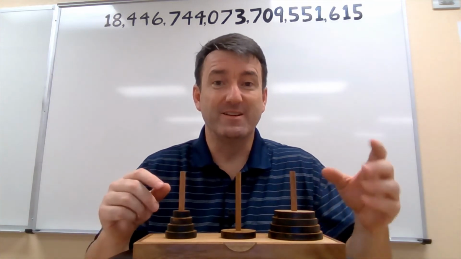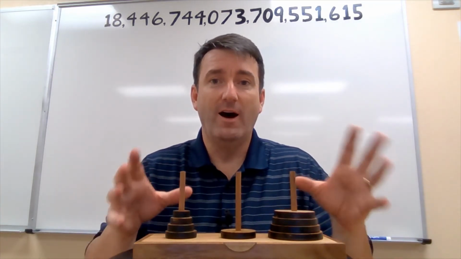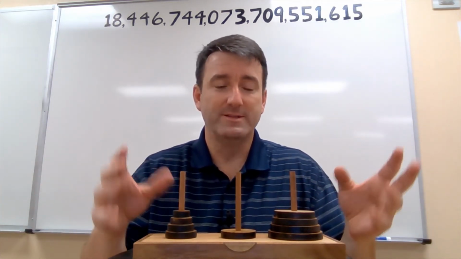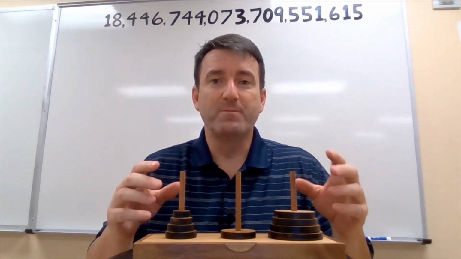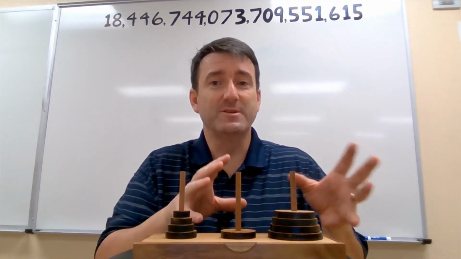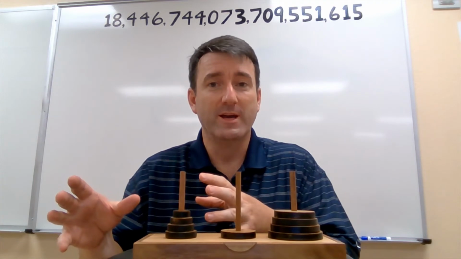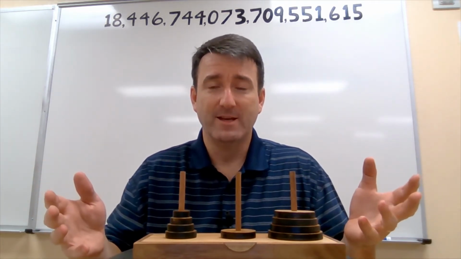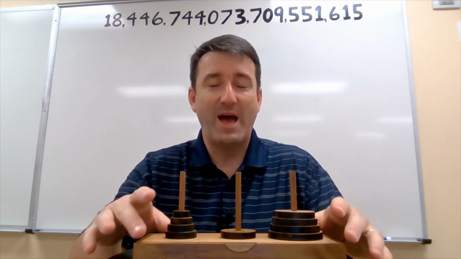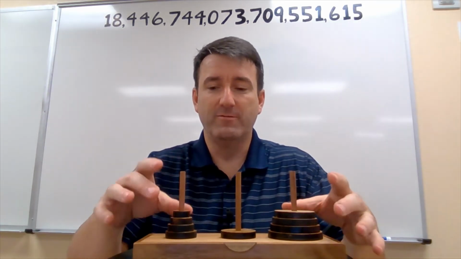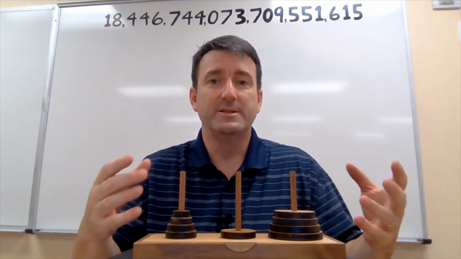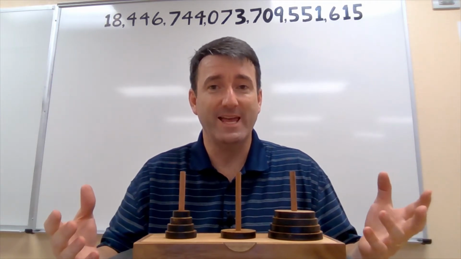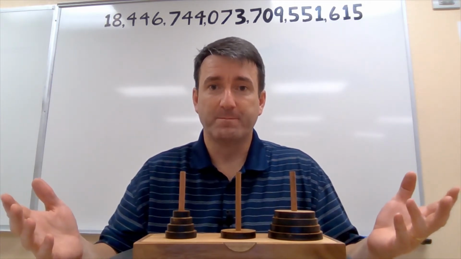The difference is that there's 64 discs in that great temple setup. And so the legend is that as soon as the priests finish their work, the tower will crumble and the world will end. So let's use the patterns that we found from this simple puzzle to determine how long it's going to take for the world to end.